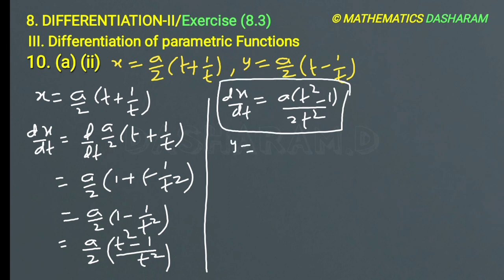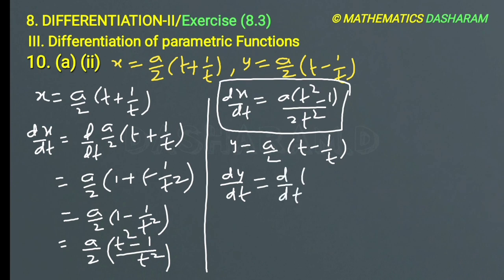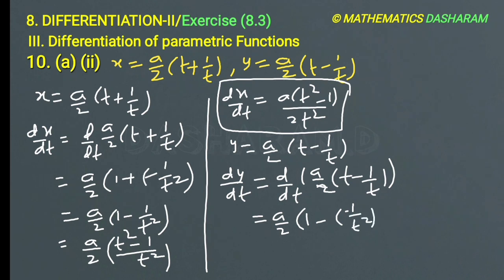Next, another function y equals a by 2 of t minus 1 by t. Do the derivative on both sides with respect to t. So d by dt of a by 2 bracket of t minus 1 by t. Here a by 2 is a constant number, derivative of t is 1 and derivative of 1 by t is minus 1 by t square.